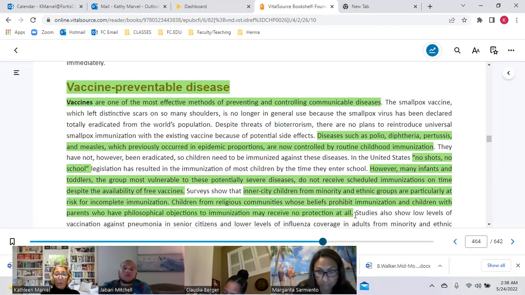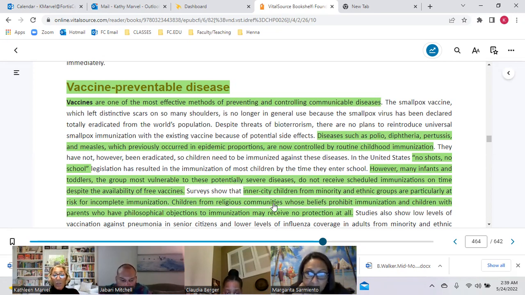The other thing I want you to remember is that there are potentially vulnerable populations, vulnerable kids that aren't vaccinated, that need to be vaccinated. And so they're right here. Inner city kids from minority and ethnic groups are particularly at risk for incomplete immunizations.